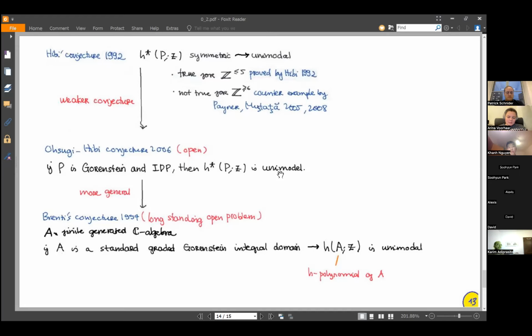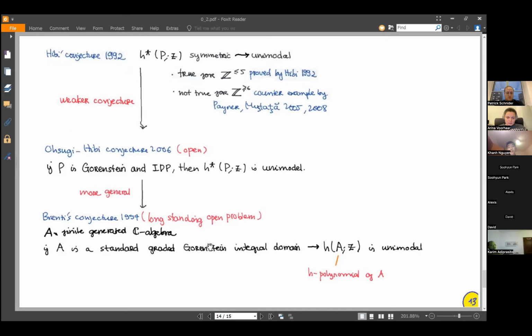And more generally, we have the Stanley conjecture. So it is still a long-standing open problem until now. It states that if A is a finitely generated N-graded standard Gorenstein integral domain, then the h star polynomial of A is unimodal.